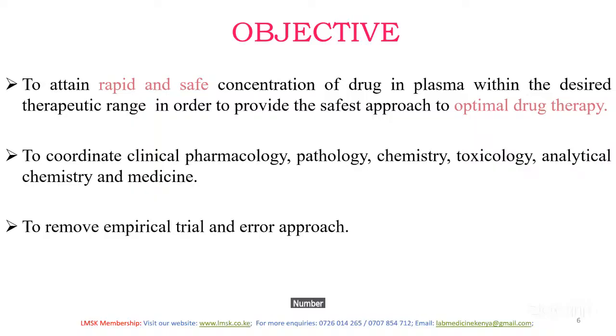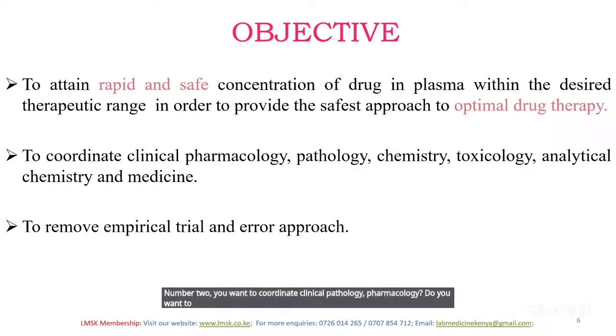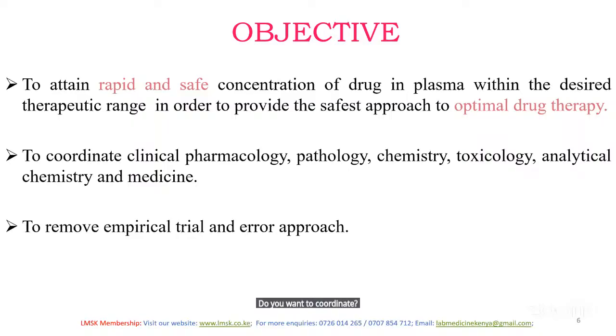Number two, you want to coordinate clinical pathology, pharmacology. You want to coordinate pathology. You want to coordinate chemistry. You want to coordinate toxicology and clinical chemistry together with medicine.